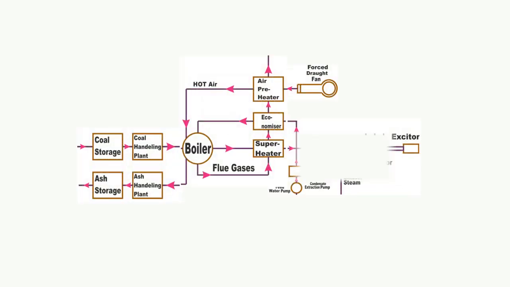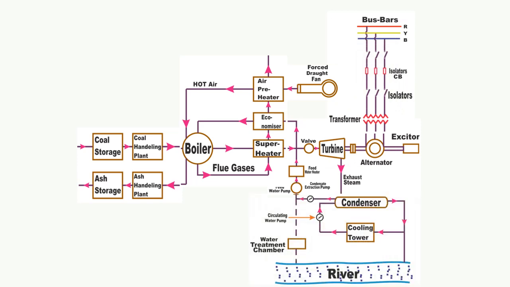In the previous slide, we discussed the condenser, and here we will be discussing cooling towers. If you are seeing the figure, cooling towers are right below the condenser. They work together to lower the temperature of the steam.